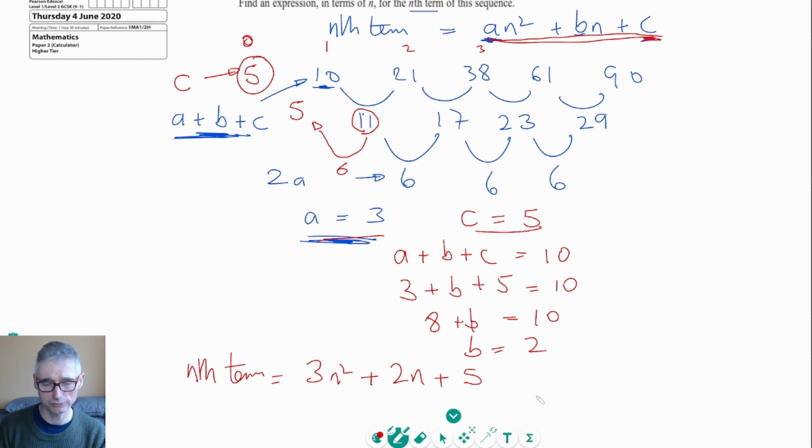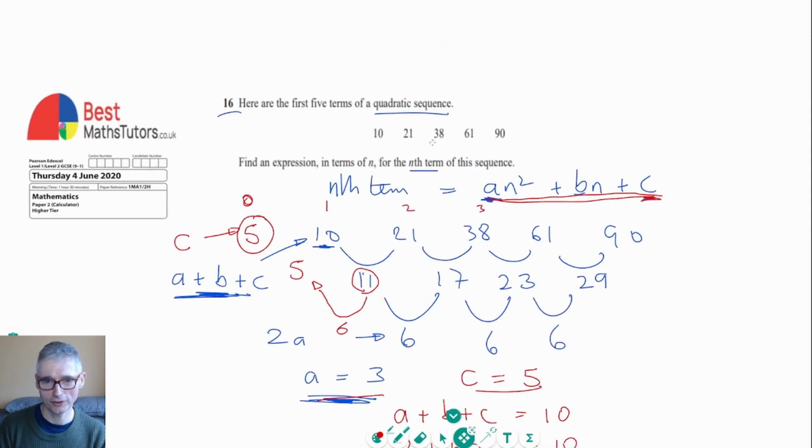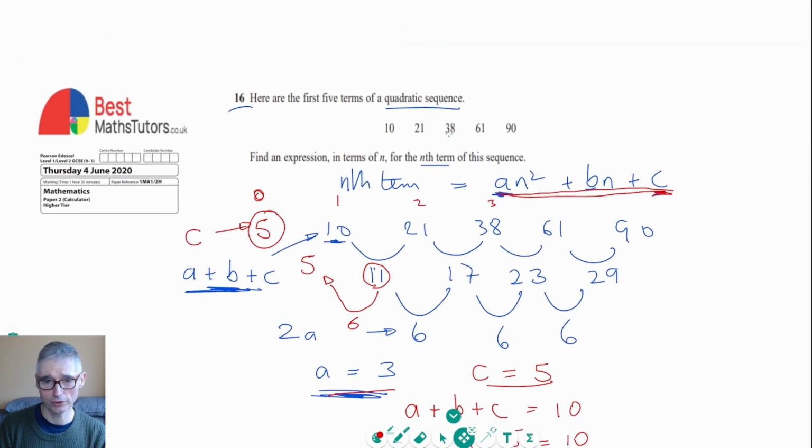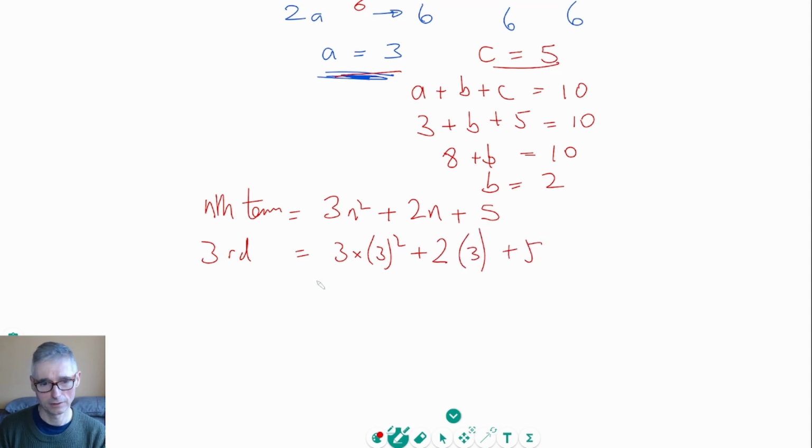So if we applied that formula to, let's say, we want to find the third value there, so 38, all I'd need to do is say, well, the third term is when n is equal to 3. So I have 3 times 3 squared plus 2 times 3 plus 5, and that's equal to 3 times 9 plus 2 times 3, 6, plus 5.